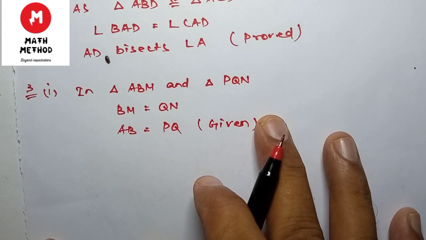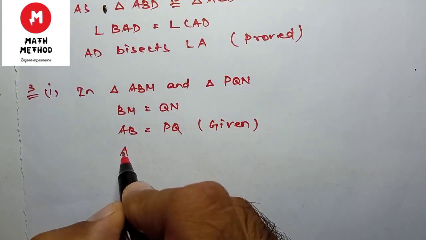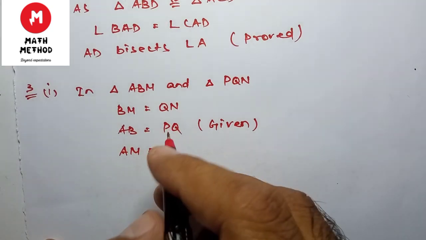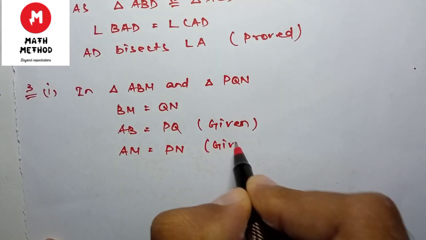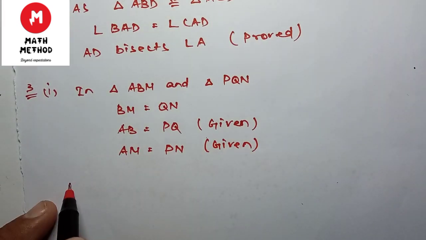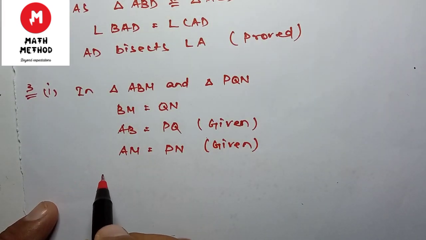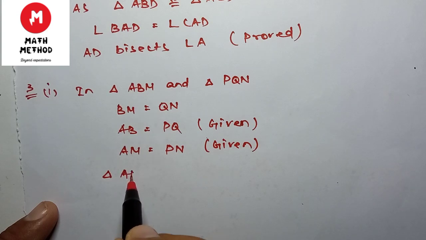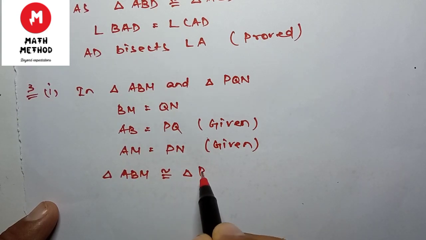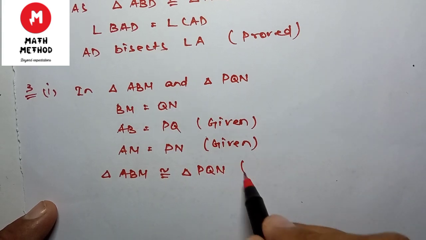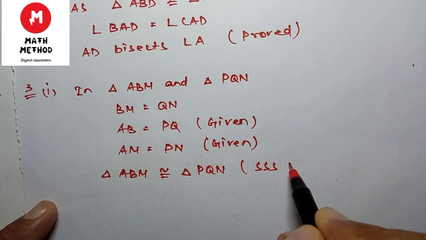Similarly, AM is equals to PN. This is also our given. Medians are equal. Therefore, by SSS criterion, triangle ABM is congruent with triangle PQN by SSS criterion.